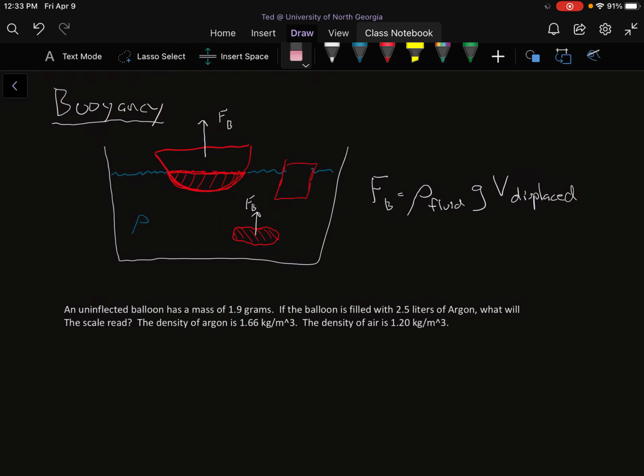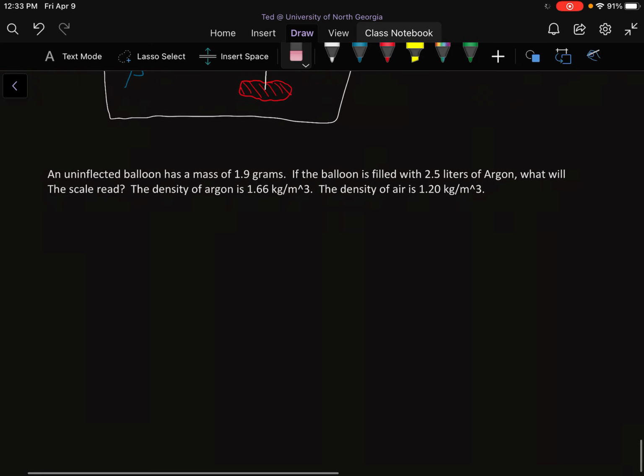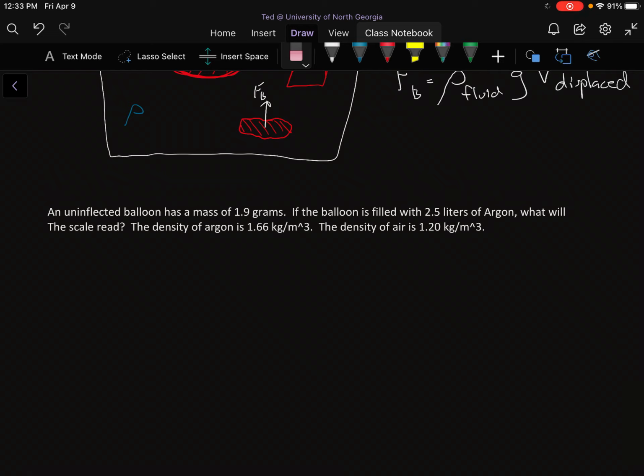So I'm going to do one where something is floating in air, or not floating in this case. So this problem says an uninflated balloon has a mass of 1.9 grams. So the idea is we've got this scale, and we've got this empty balloon, like a birthday balloon, and it's empty, and we put it on the scale, and it reads 1.90 grams, and that's the mass of the empty balloon.